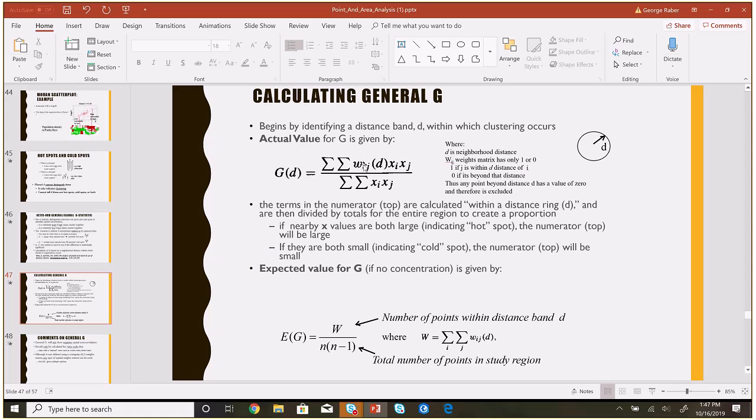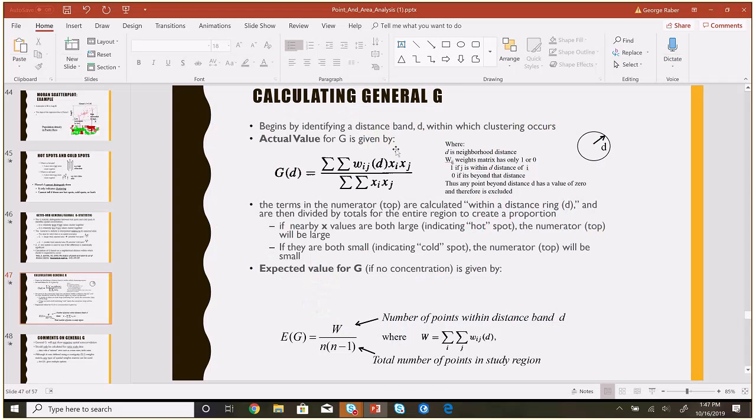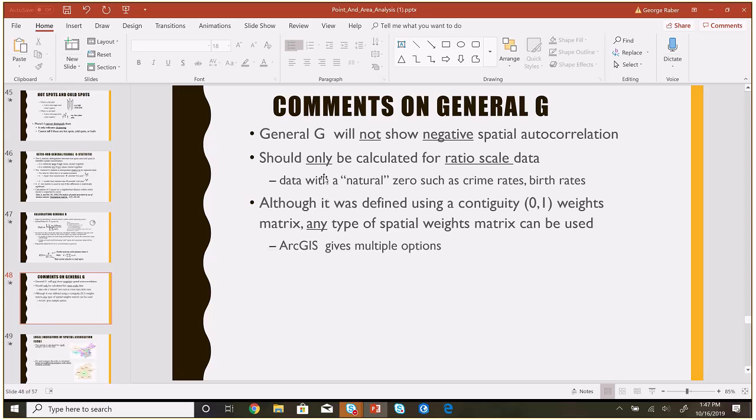We're adding them all up, multiplying them by those weights. We just decided to do inverse distance, right? I think that's the way we ran it. Then we divide that by the total number. If you wind up with more hot spots, your number will be higher positive. If you wind up with more cold spots, you wind up with more negative values. And then it'll tell you how significant it is, basically.